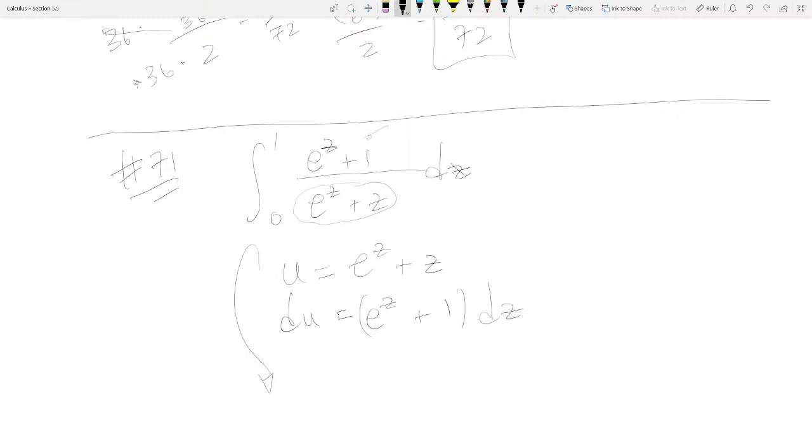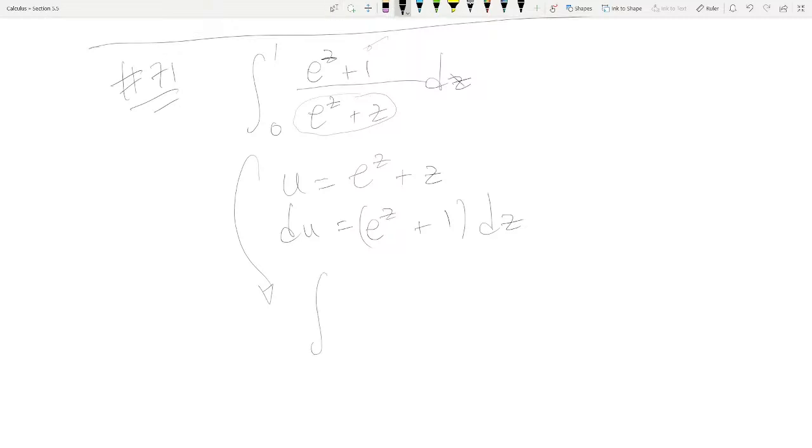When I convert this integral, I have u in the denominator by design. And what do I have left over to substitute for? I have e to the z plus 1 times dz. That's exactly what I have right here, so I have du there. That's 1 over u du. And then let's do the bounds.